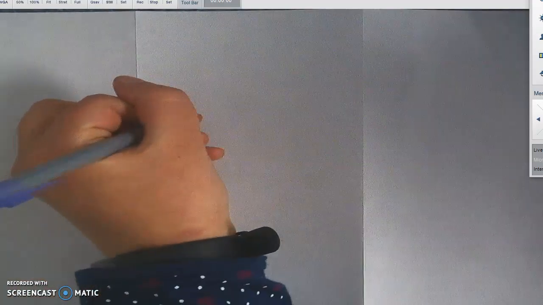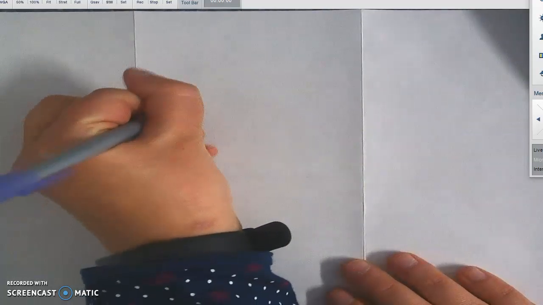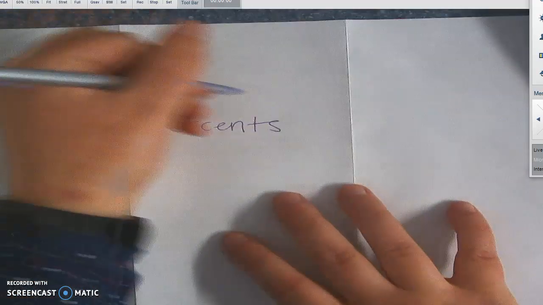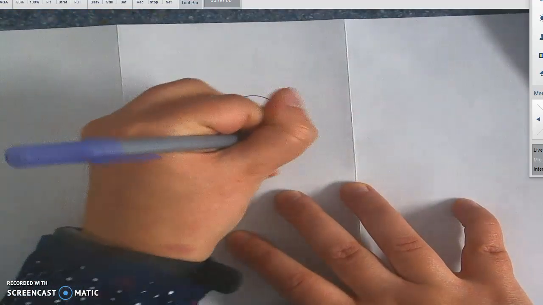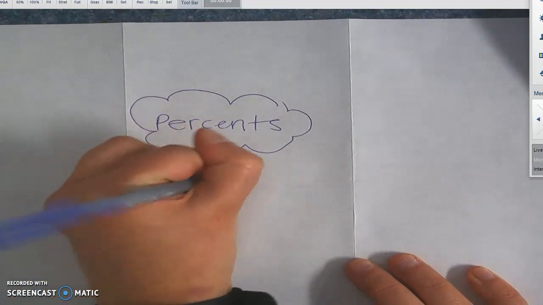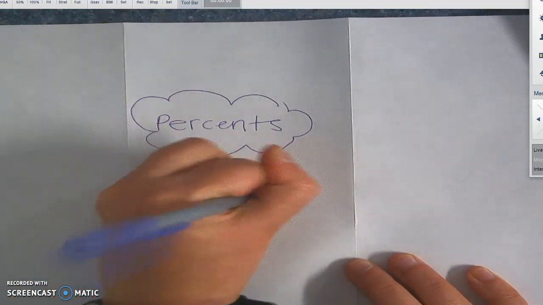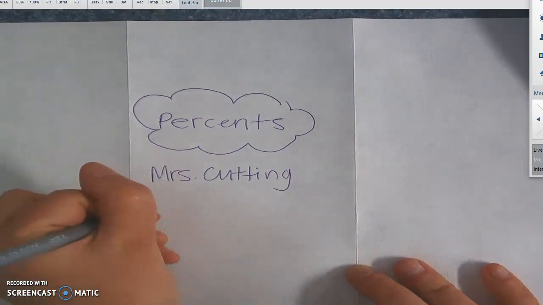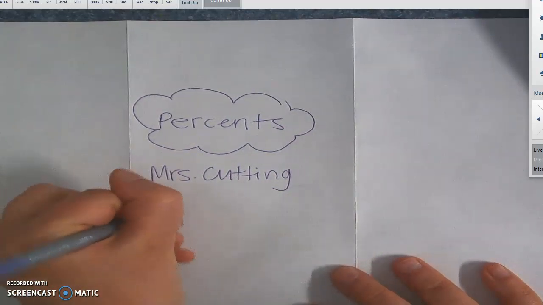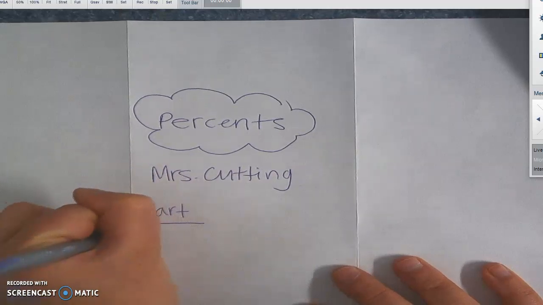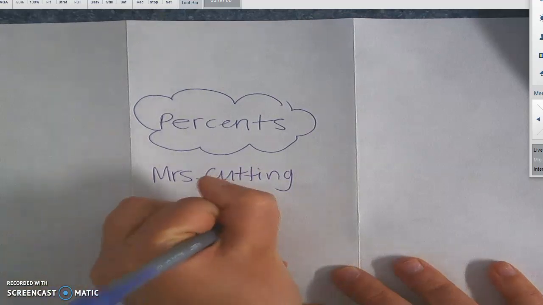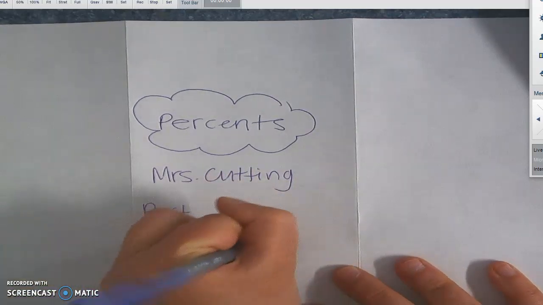On the back, we need to write that this is percents. You're going to write your name. And every one of these percent problems has a part out of a whole and a percent out of 100.